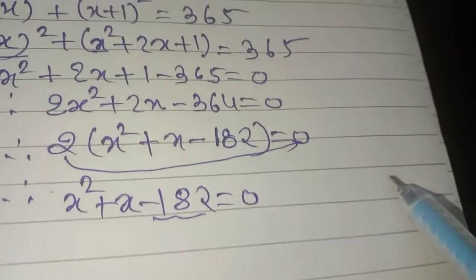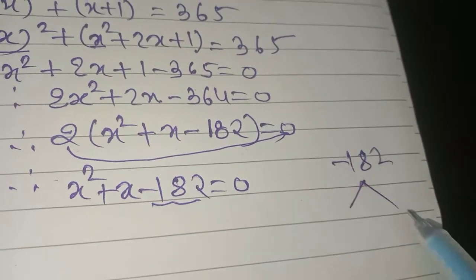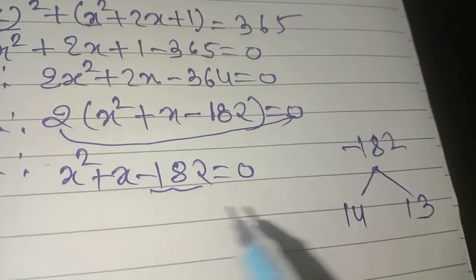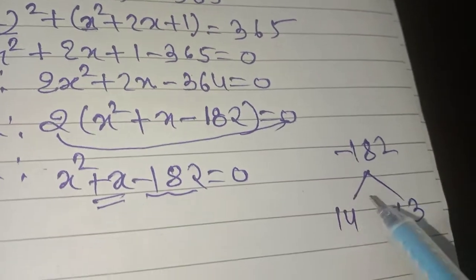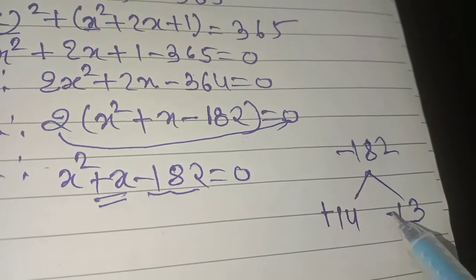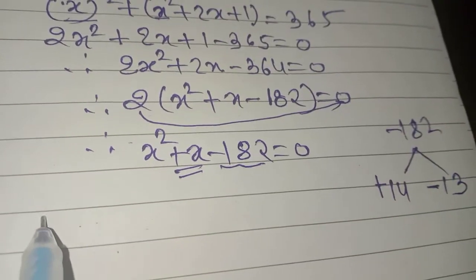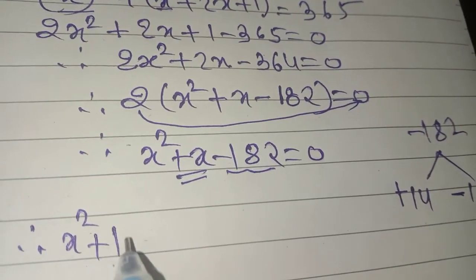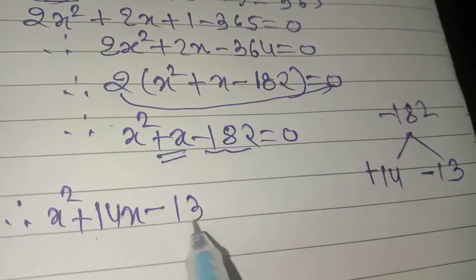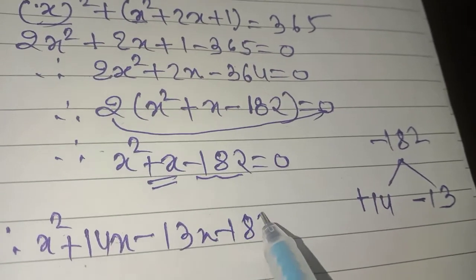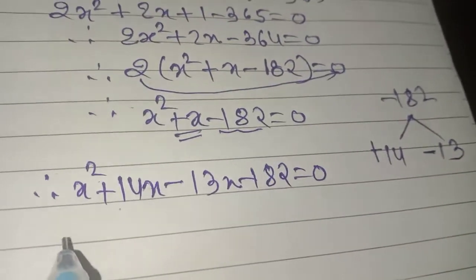Now the 2 factors of minus 182 will be 14 and 13. But here it is a plus sign, so the larger number will be plus and the smaller number will be minus. Therefore x square plus 14x minus 13x minus 182 is equal to 0.